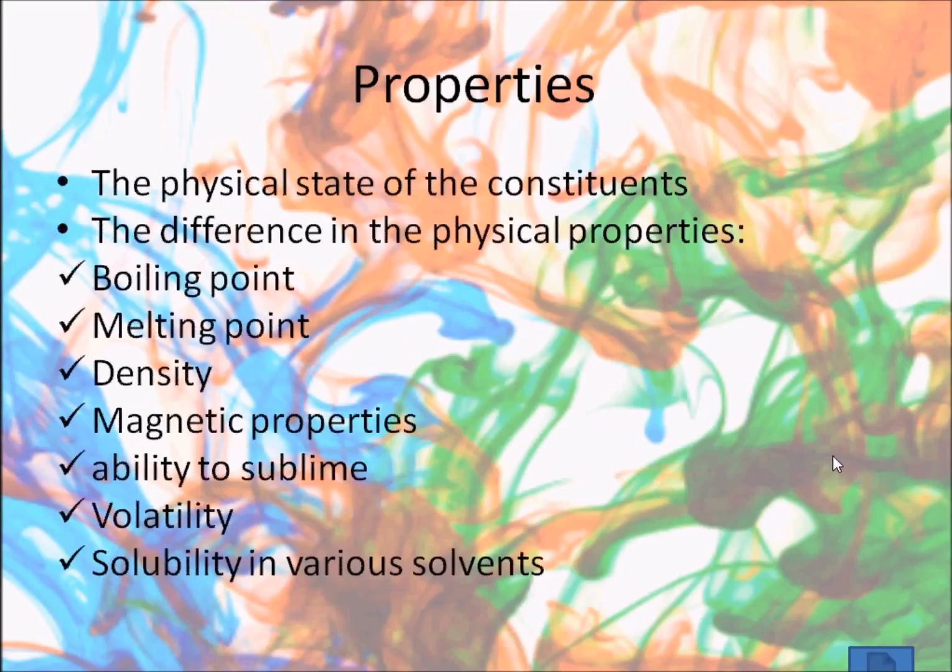That is the physical state of the constituent, the difference in the physical properties like boiling point, melting point, also the density, how dense the constituent particles are, the magnetic properties, ability to sublimate, volatility, solubility in various solvents also.